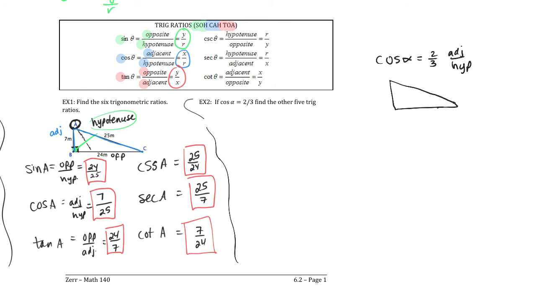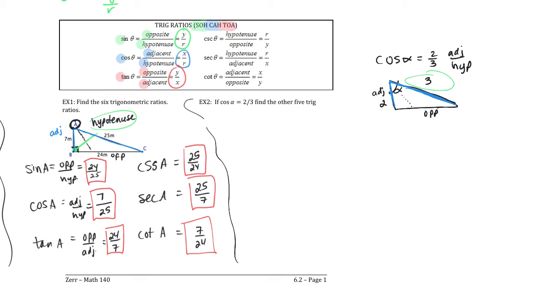I'm just going to label this angle alpha. Two lines create that angle. One of them is the hypotenuse, that's the diagonal, so the hypotenuse is 3. The other one touching my angle is the adjacent, and that is 2. To get to the other side, you have to walk through your triangle, so the other side would be opposite.